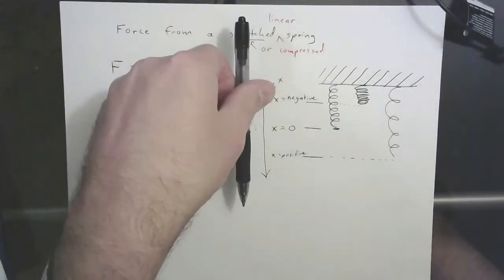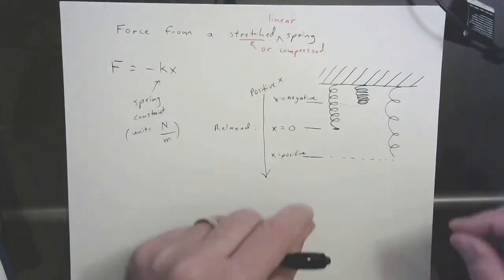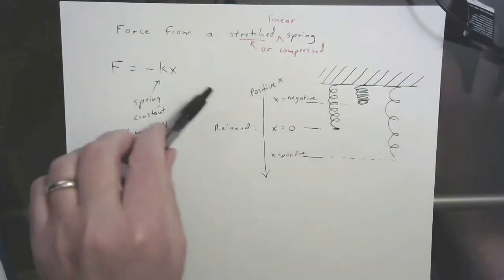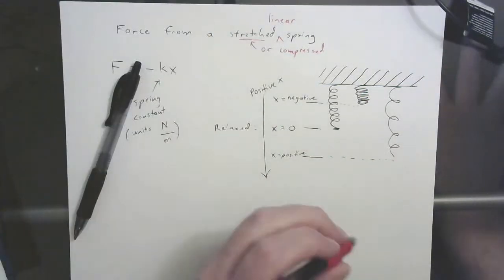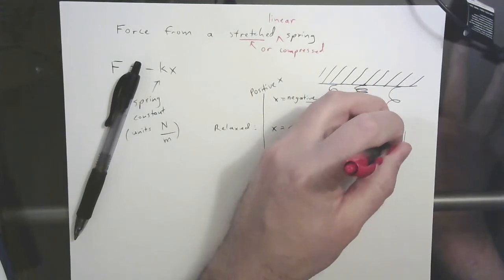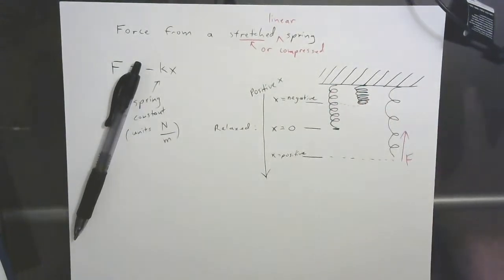And if we've got positive x going that way, then if you pull on that, you're going to stretch your spring downward. So you can imagine at this point you've got a force vector, but that force is wanting to restore the spring to its relaxed position.